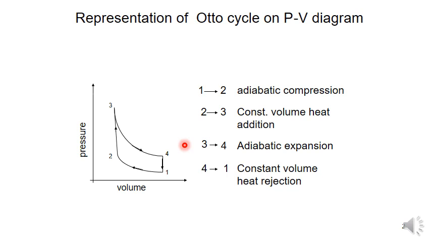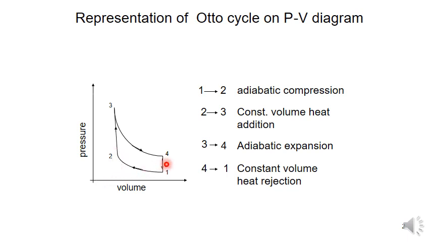First we will discuss 1 to 2. 1 to 2 is nothing but the adiabatic compression process. Here air is compressed from state point 1 to state point 2. The gap here represents the clearance volume.